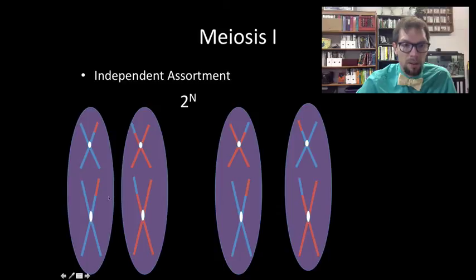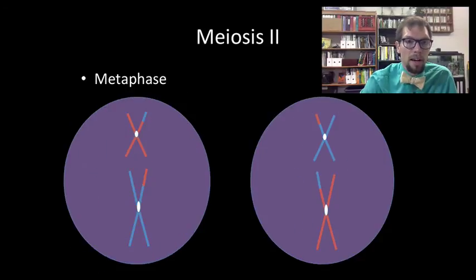And so this is actually what the cells will look like after meiosis 1. You're going to have them separated into different cells. Notice that the homologous pairs are no longer in the same cell, but the sister chromatids are still attached. So in the second phase of meiosis, you're actually going to have to separate the sister chromatids. So this is going to look a lot more like mitosis, where you have them aligning in the middle of the cell, and then these are going to pull to one side, these are going to pull to the other side, and you're going to have different cells being produced from this.